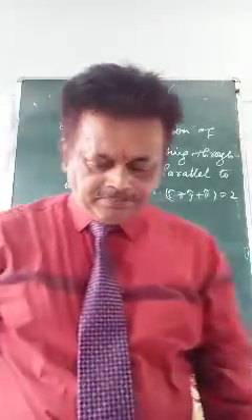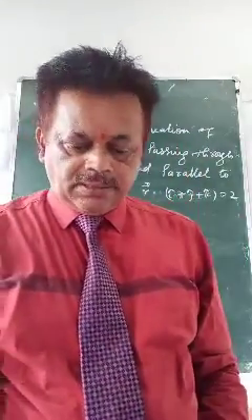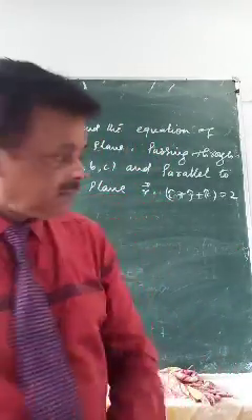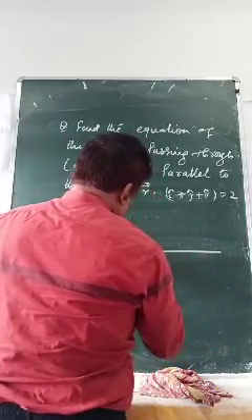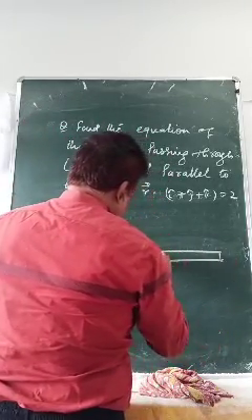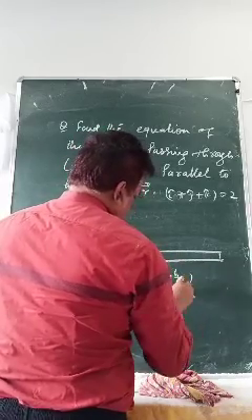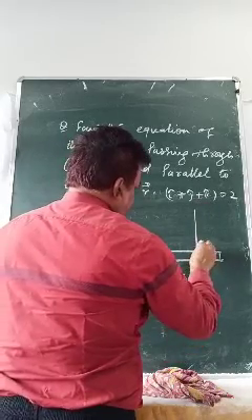Okay, now listen. What you need here is to find the equation of a plane passing through a point, that is a, b, c, and it should have a normal. This is important for us.